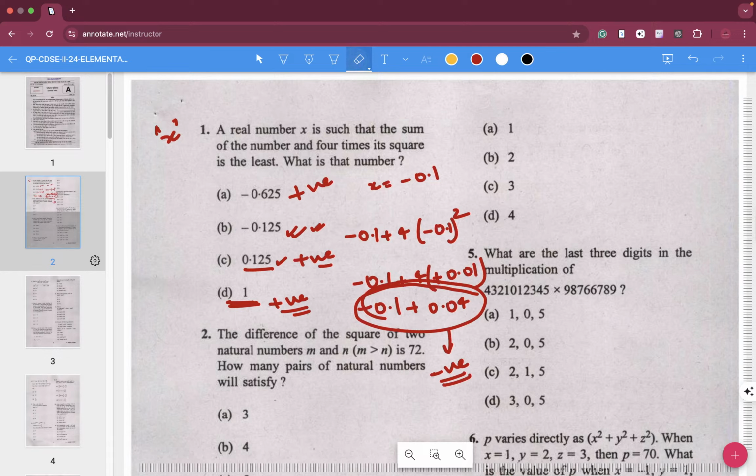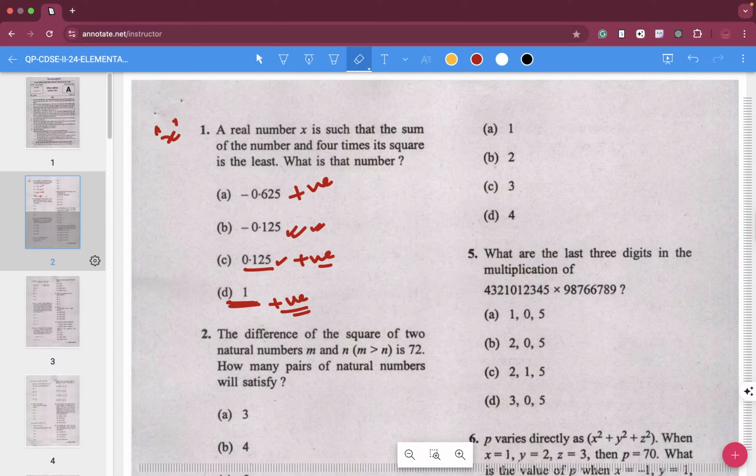So we can easily conclude that out of A, B, C, D, the least number is this one, which is still giving you a negative number. The rest, if you do the operation as mentioned in this question, give you a positive number. So that's question number 1, folks.